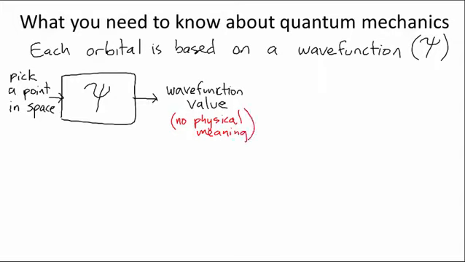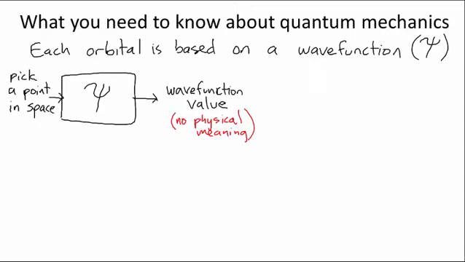So then you're really annoyed because you're like, all right, well, why would I bother inputting something into the function and then getting out some number that has no physical meaning? Well, it turns out when you square that wave function value, or in reality it's even more complicated because psi is a complex function and it has a real part and an imaginary part, so you're not actually just squaring it, you're multiplying by what's called its complex conjugate.